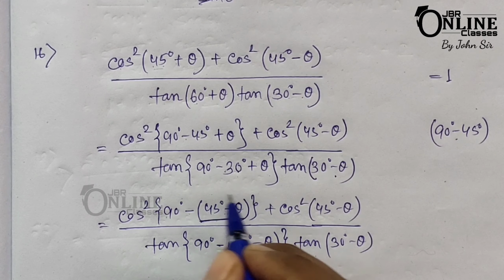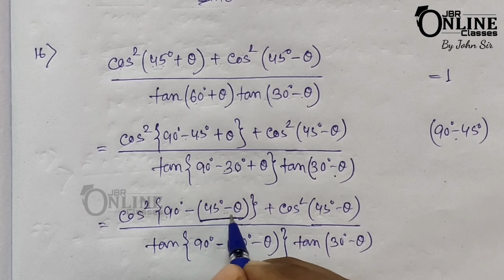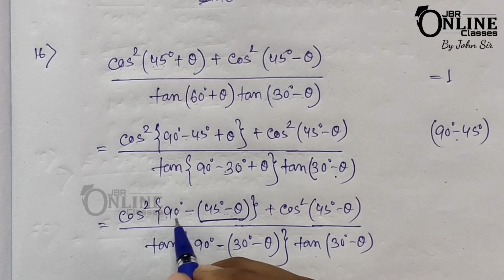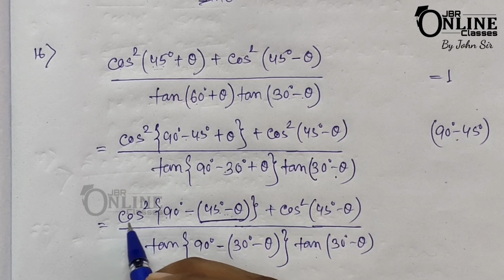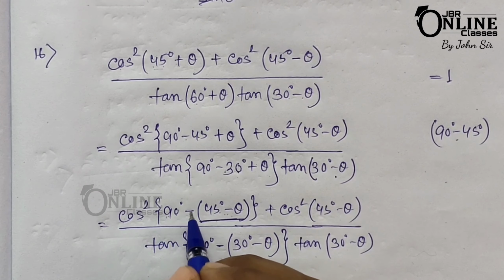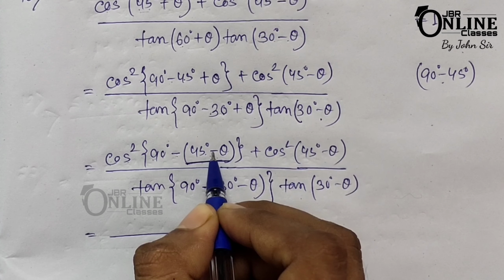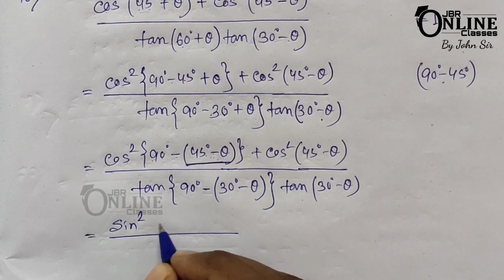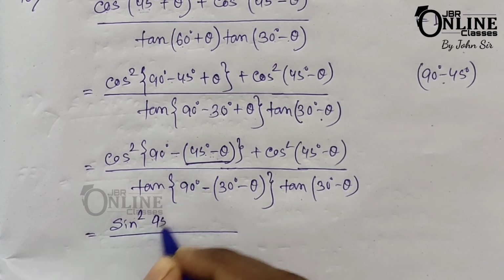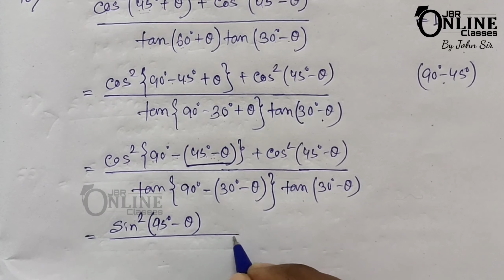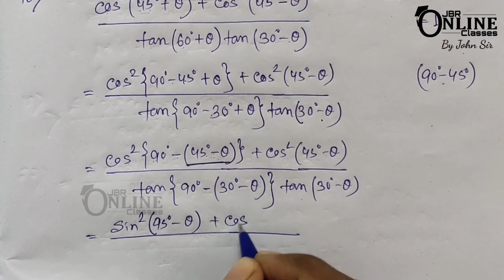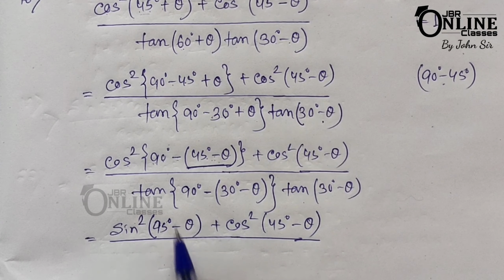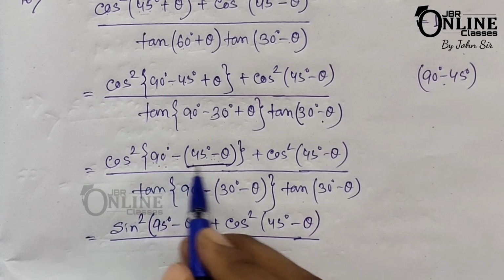Suppose the whole angle is alpha. Then cos(90 − alpha) equals sin alpha, the formula. So write down here sin square(45° − theta), and here cos square(45° − theta). Okay, I hope you understand the problem.